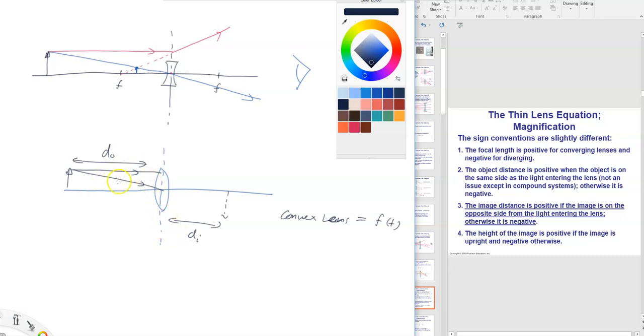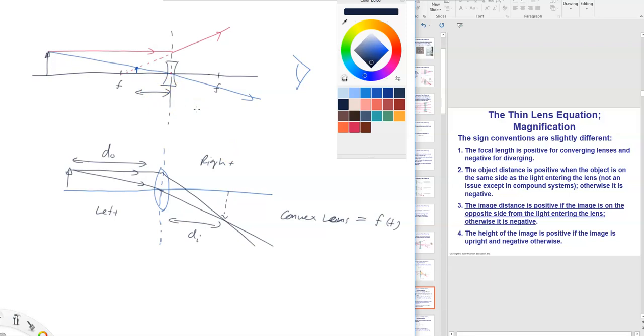So light is entering from the left side, it goes into the right side. If the image is over here, which is the case here, this is a positive image distance. So going back to the previous one, this is a negative image distance.